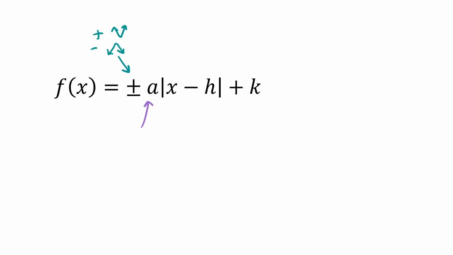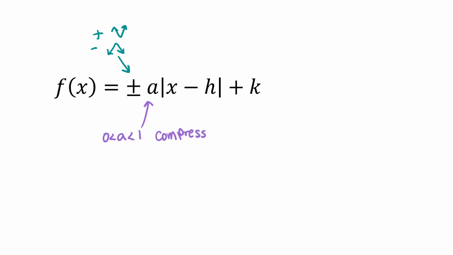All right, our A value is very similar to when we looked at the steepness of a line for slope and we had to determine if it was steep or shallow. This time, if our A value is between 0 and 1, it's going to compress, which means that it's going to be short and fat.